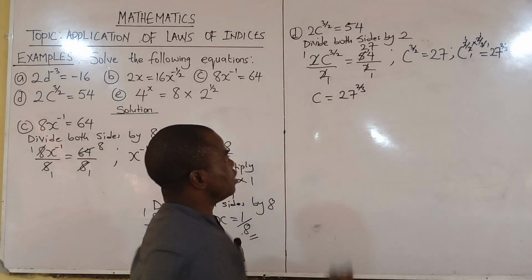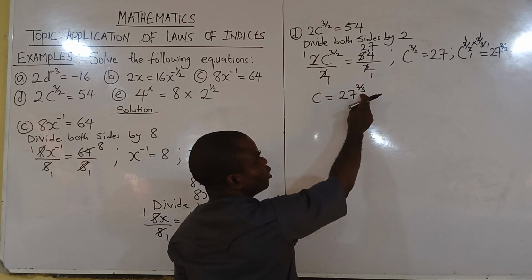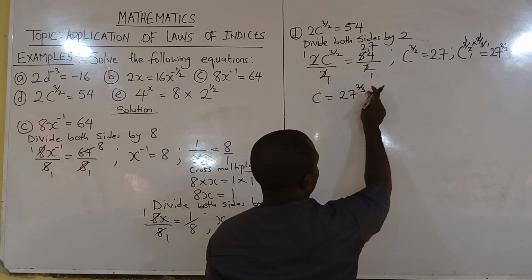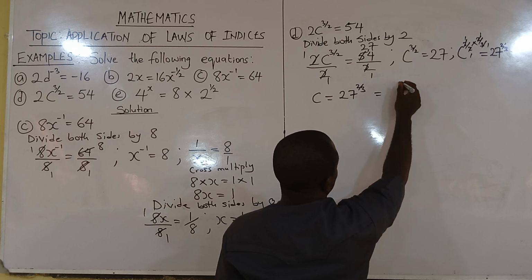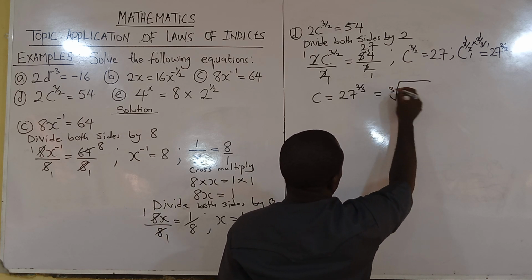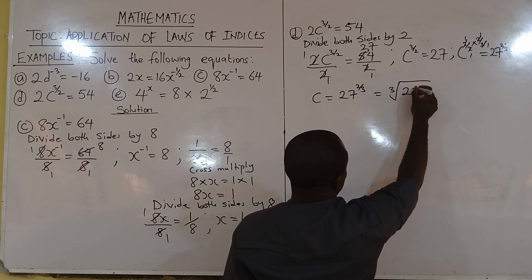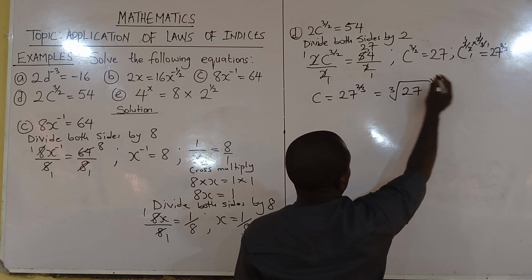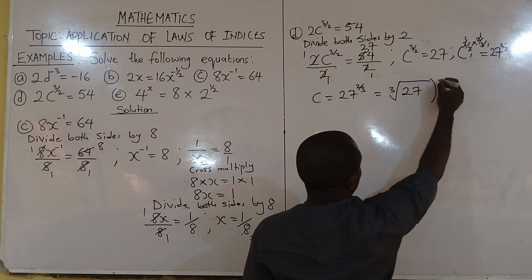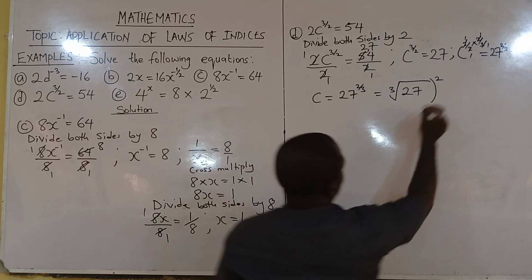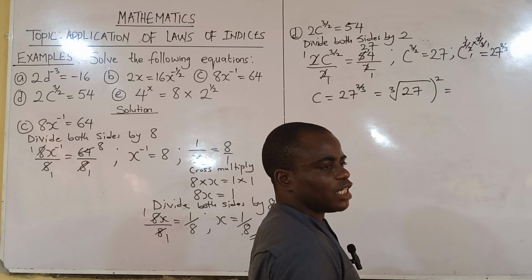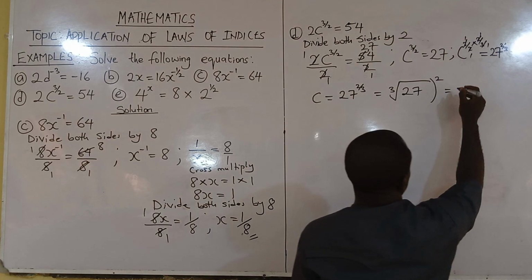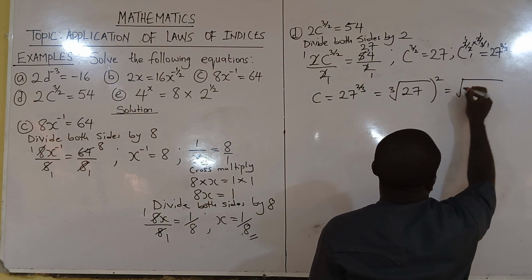I told us that the value at the denominator will be the cube root. We have it to be equals to the cube root of 27. We put the value at the numerator here. What can you multiply together 3 times that will give us 27? It is 3.